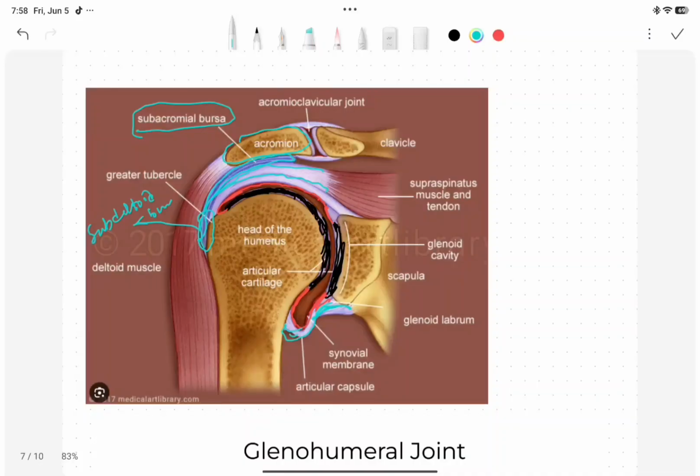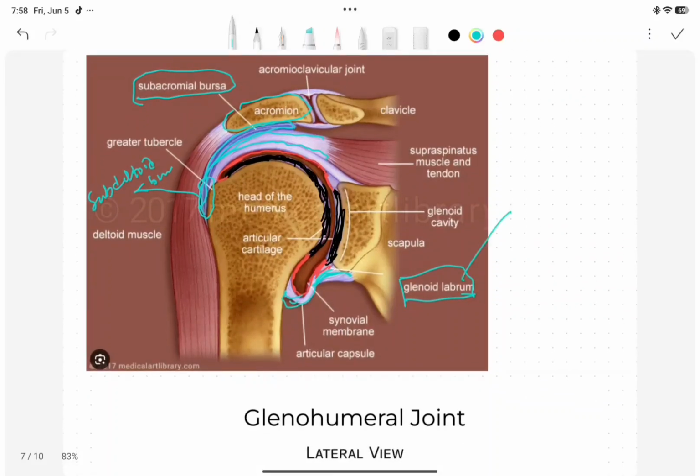So glenoid cavity, glenoid labrum. The glenoid labrum is a fibrocartilaginous rim. Rim means the outer covering that deepens the glenoid cavity for proper articulation of the head of humerus. As you can see, the glenoid cavity is smaller and the head of humerus is the bigger structure.